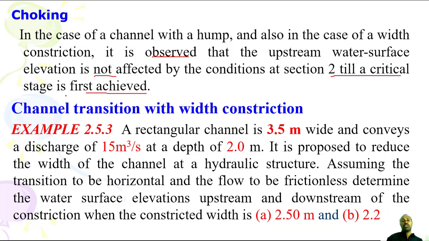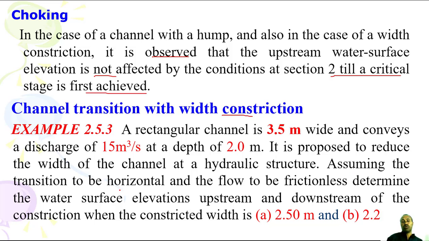So choking, let us see in this example again, channel transition with constriction. A rectangular channel is 3.5 meter wide and conveys a discharge of 15 meter cube per second at a depth of 2 meter. It is proposed to reduce the width of the channel at a hydraulic structure. So from this width, it is just going to be decreased.